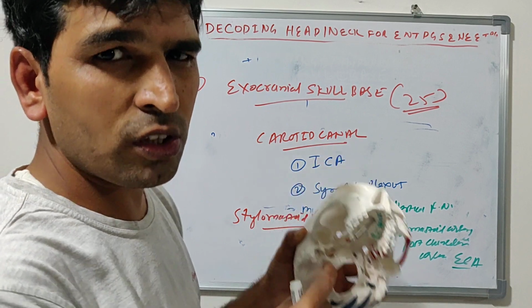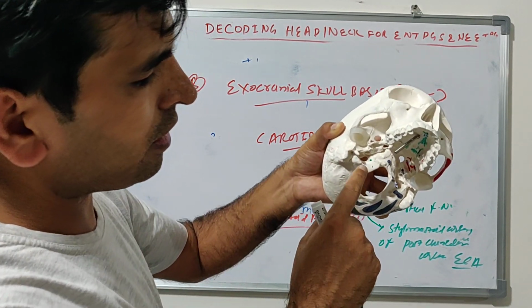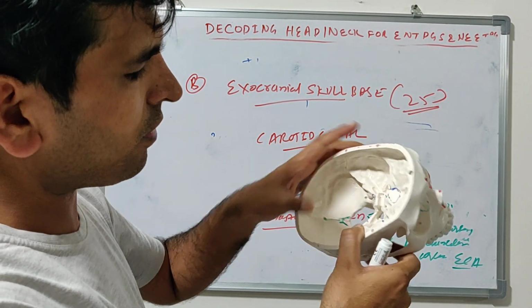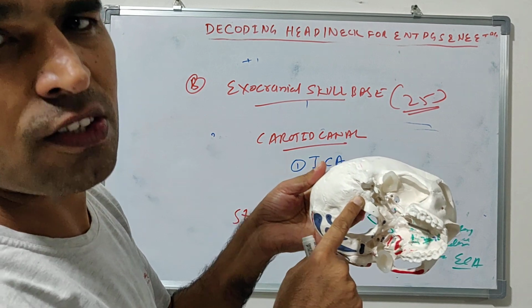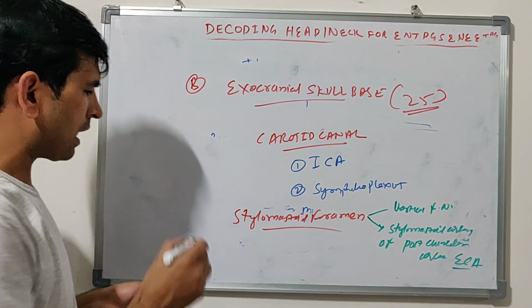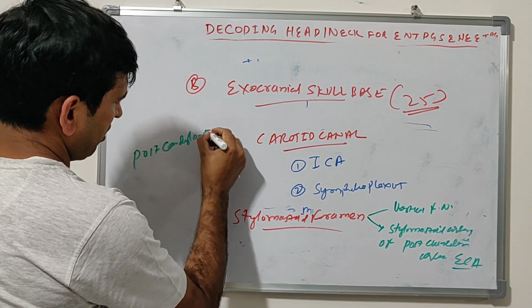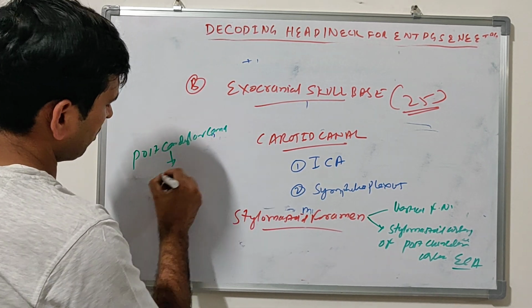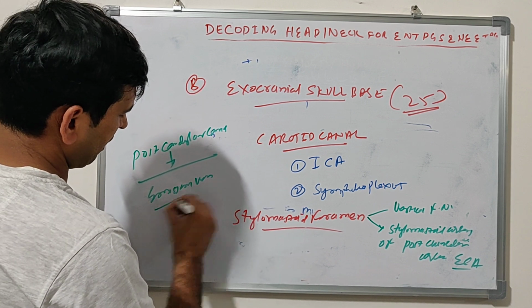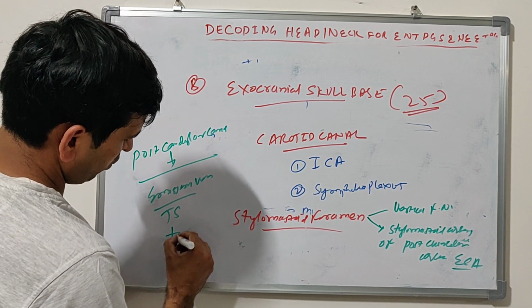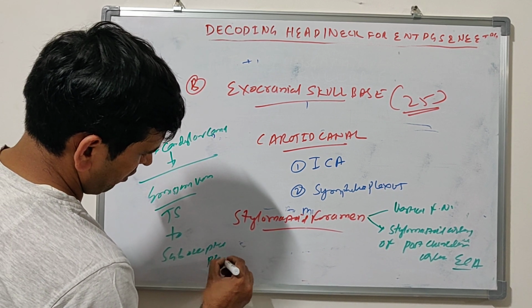Sometimes the structure passing through this is the emissary vein which connects the transverse sinus to the suboccipital plexus.